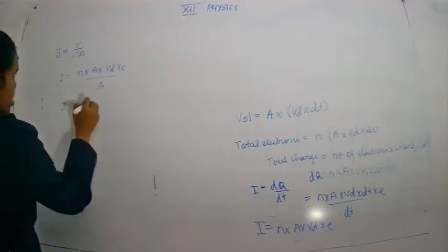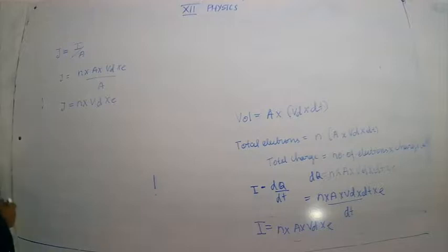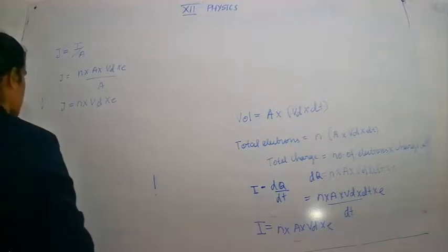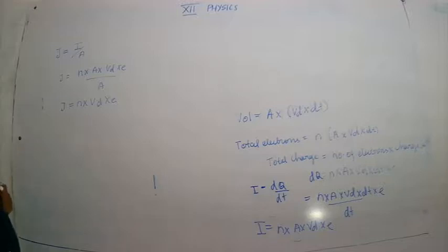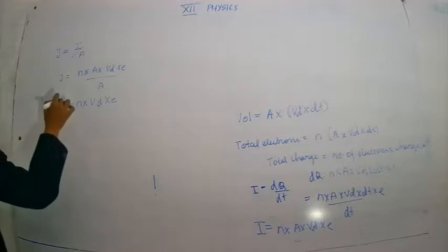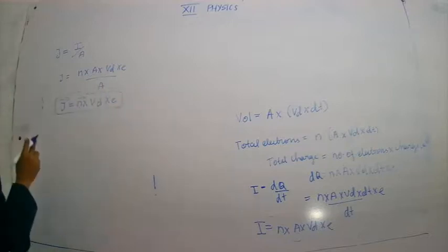J is equal to n into Vd into e. Now, it is valid for vector notation.